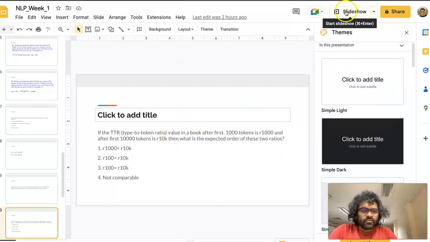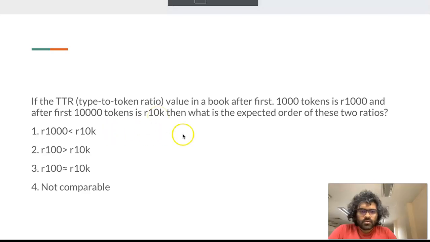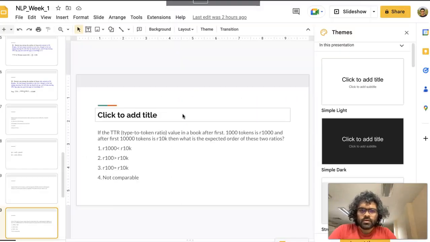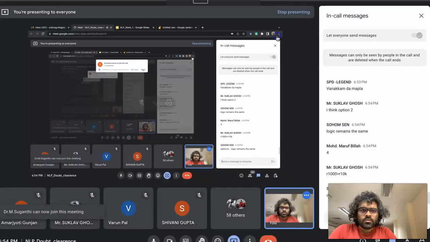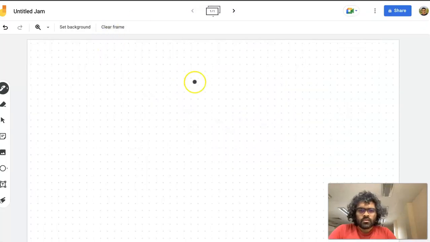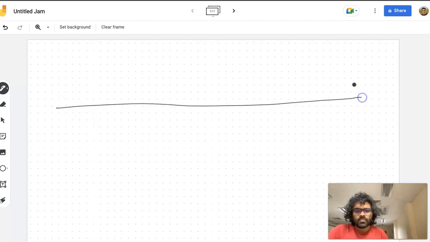Okay, so for everyone, I'm just doing this again. The question is asking about the relation between the TTR till the first 1000 tokens and the first 10,000 tokens. Let's go to the Jamboard. So suppose this is a corpora, and till this point is 1000 words, and till this point it is 10k.